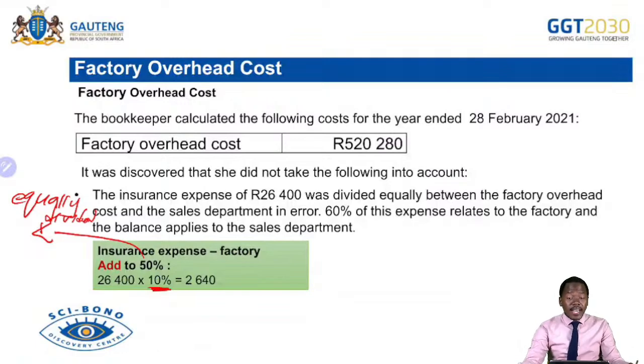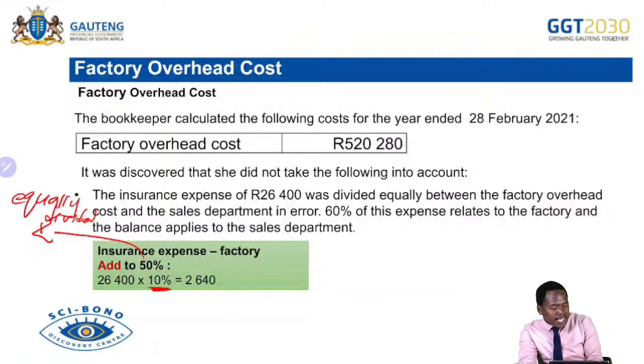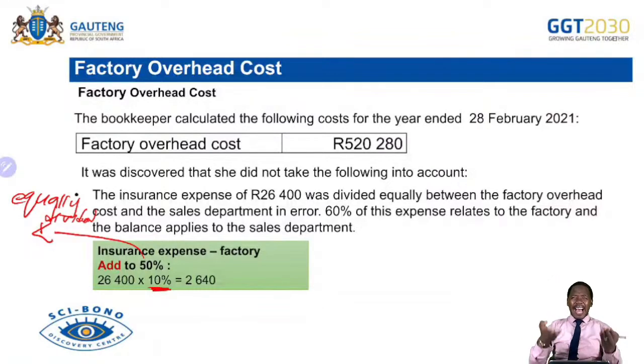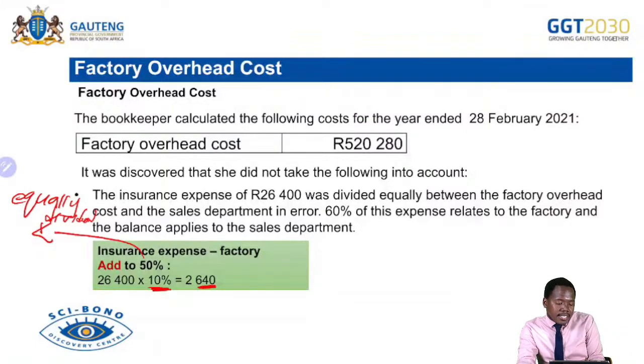Now, 26,400 multiplied by 10%, we get 2,640. Now, for my factory, it means that because it was understated, I'll have to record the extra amount because it is less. So I have to add the 2,640 on the 13,200 to get 15,840.